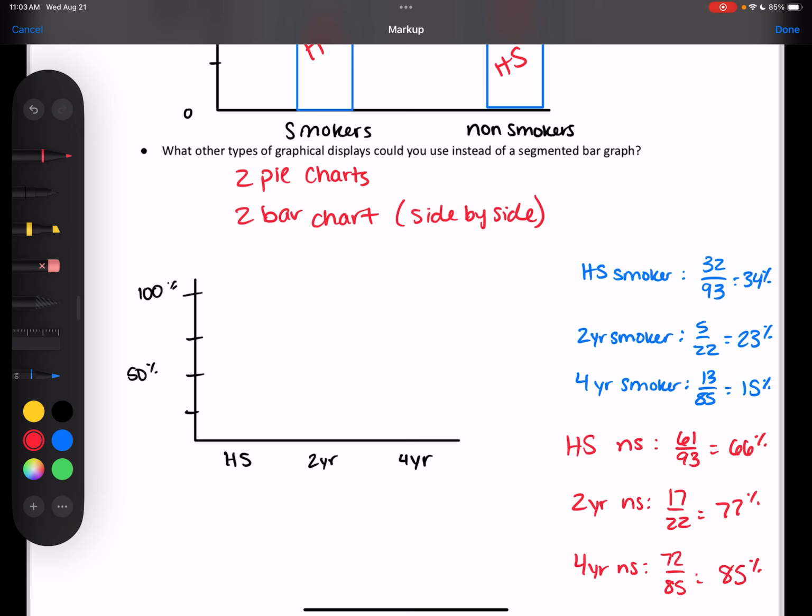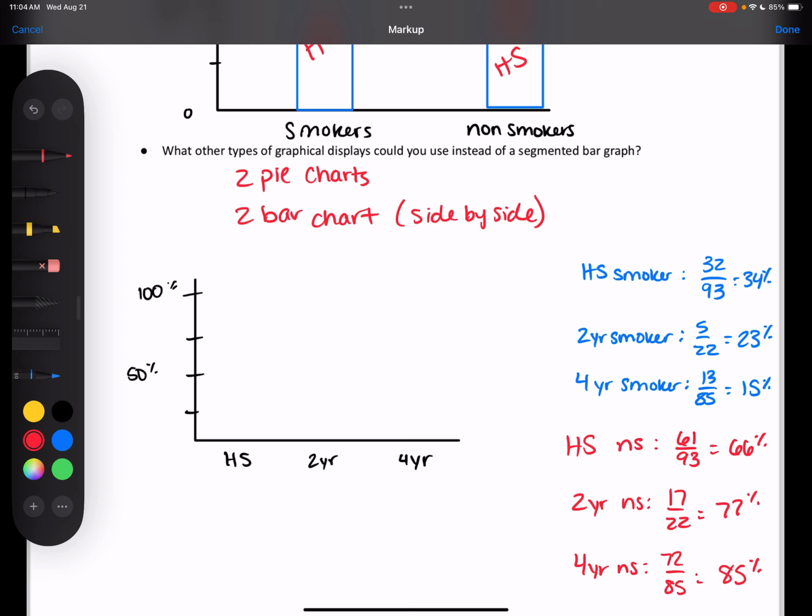Now, what do you notice about these percentages? What happens if I add them up? They don't add to 100. They don't, in terms of what?